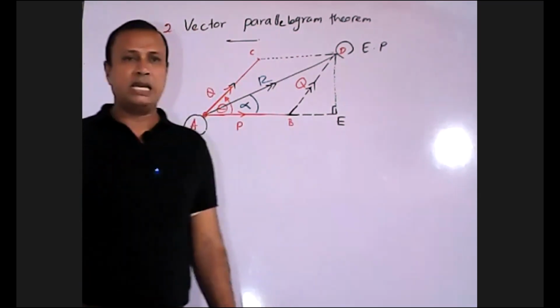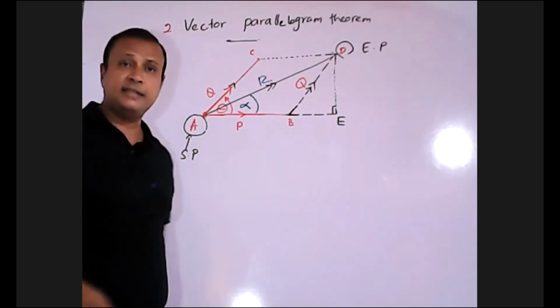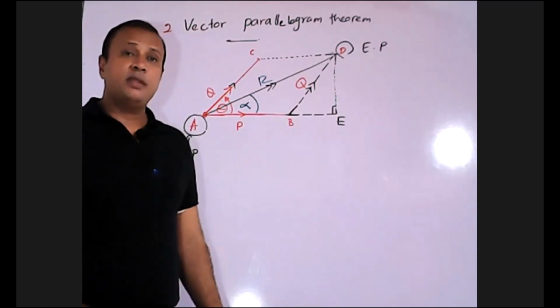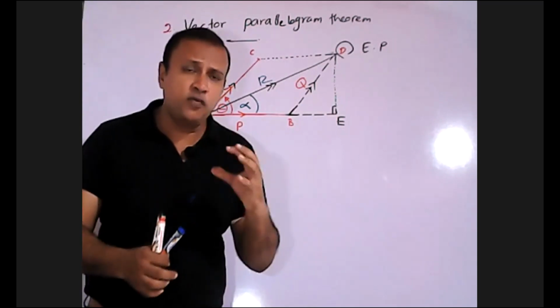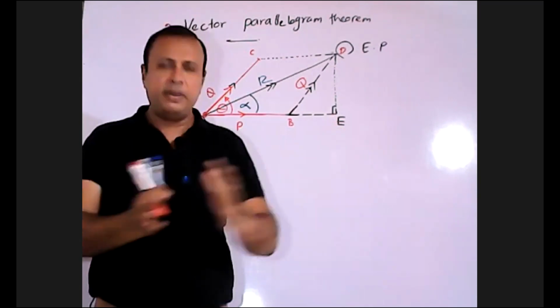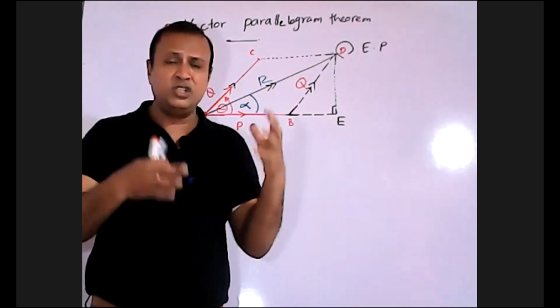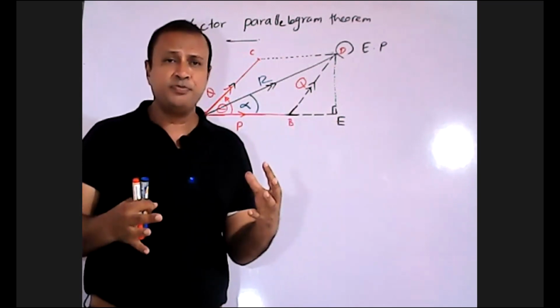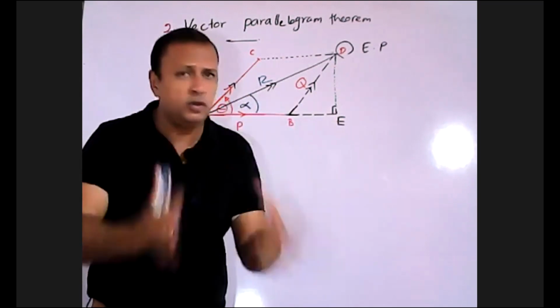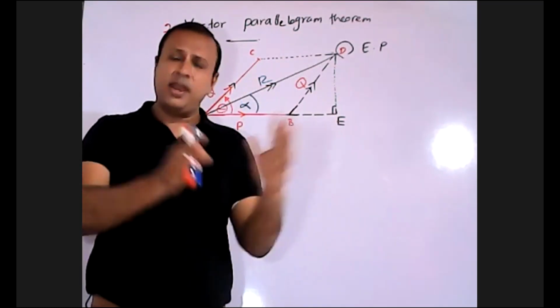Actually, what I was discussing: when you are asked to find the magnitude of a length of a side of a triangle or parallelogram or any other geometrical figure, you know very few things in geometry and trigonometry.